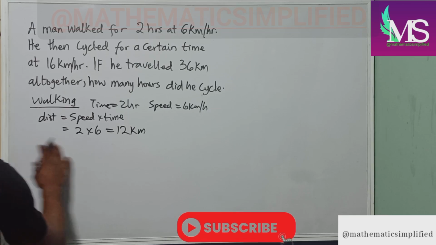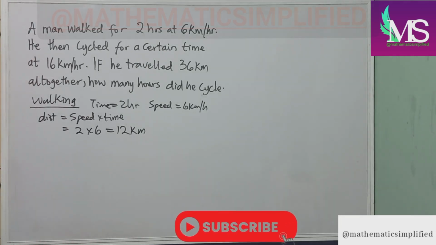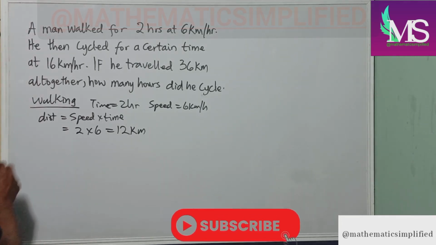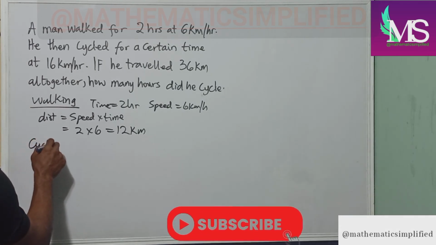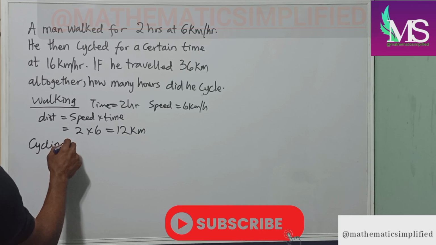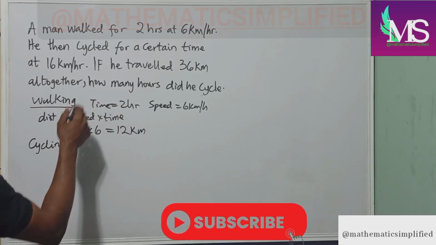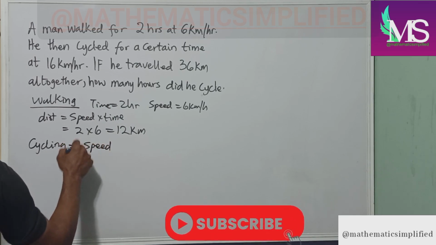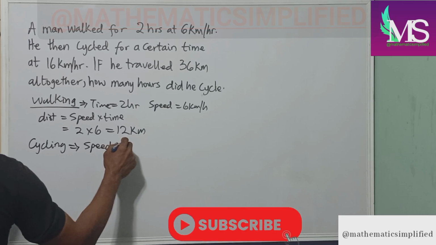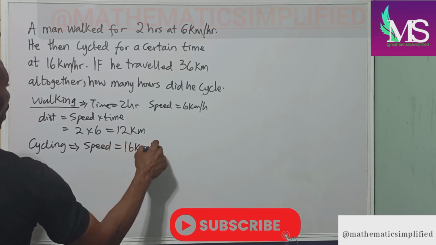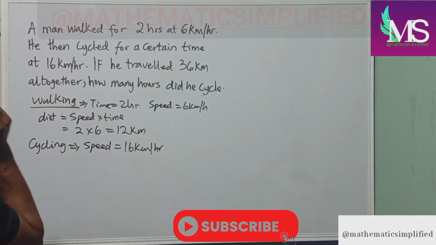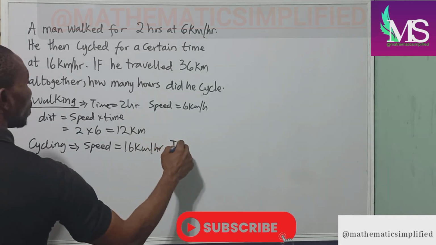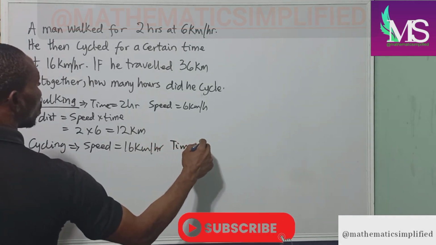So that means he walked for 12 kilometers. Now, cycling. We are given speed as 16 kilometers per hour, and our time we do not know.